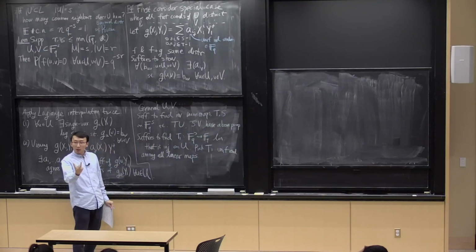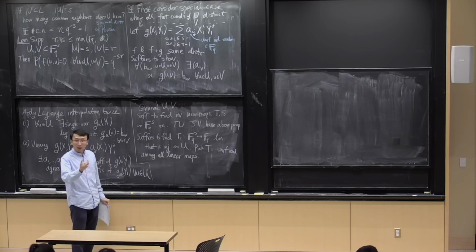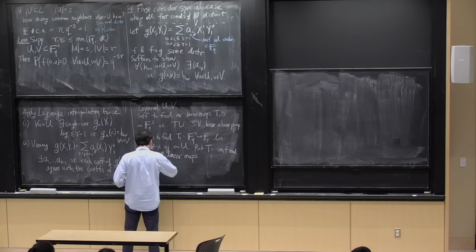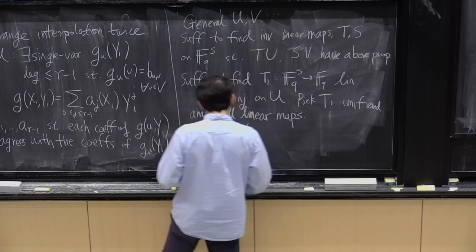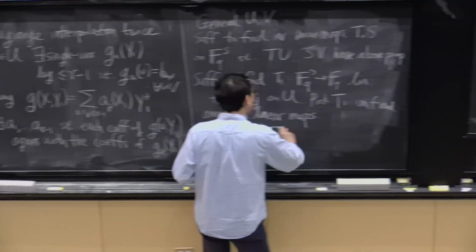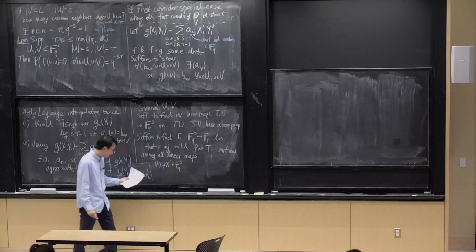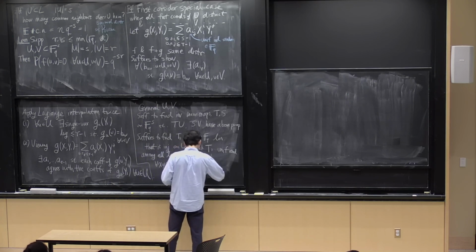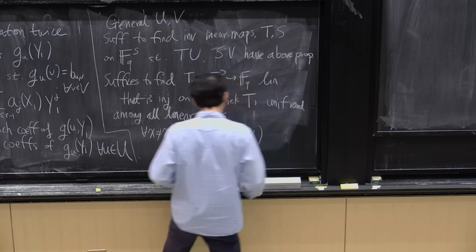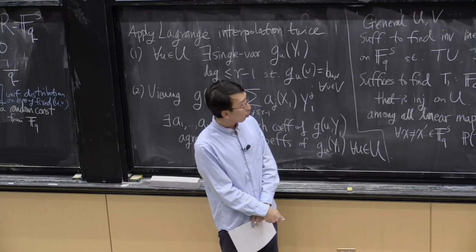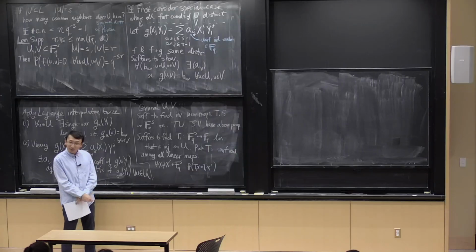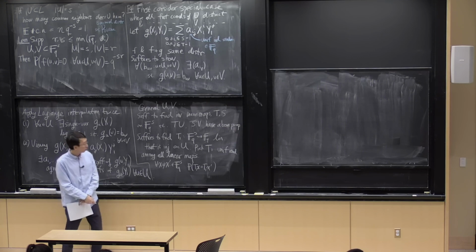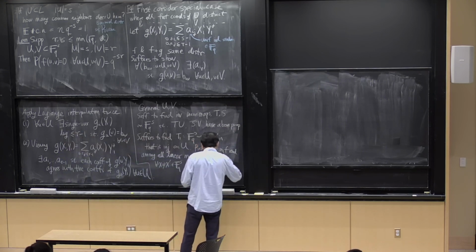And I want to understand what is the probability of collision. The bad event is if two elements of U end up getting mapped to the same point. Well, that's not too hard. For every distinct pair of points in F_q^s, the probability that they collide, if you think about why this is true, is exactly 1 over q.